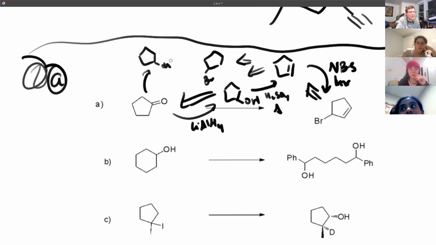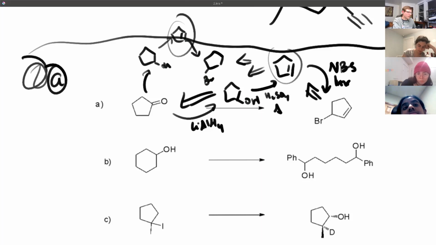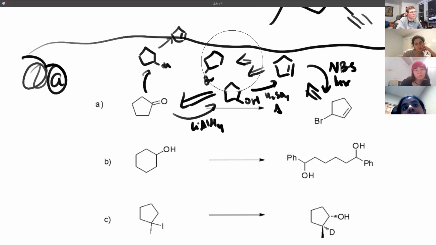So we're going to reduce them. And getting this bromine on will be a little bit more tough because we'll probably have to make a double bond, and then we'll have to brominate from there. But once we're already here, then we're one step away from the end. The bromine probably is going to be a little bit more work than it's worth. So we'll skip it.